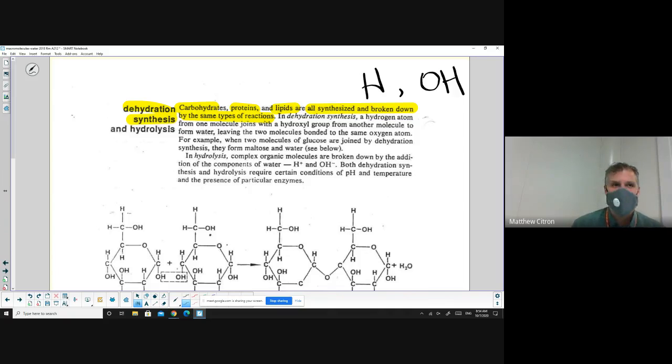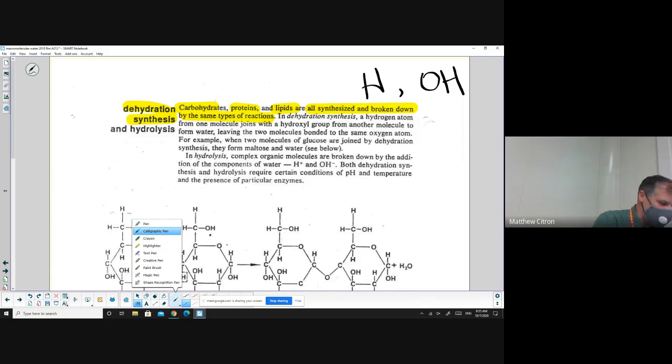And if I happen to find those two things, and I can get them bonded together, I have HOH, which is another way of saying H2O, or water. Yes. Okay. So in dehydration synthesis, a hydrogen atom from one molecule joins with a hydroxyl group from another to form water. So essentially, in a dehydration synthesis, we form water.